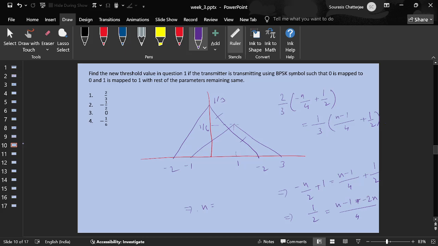So this 4 comes up here, it will become 2, and that is 3. And we have minus n, 1.